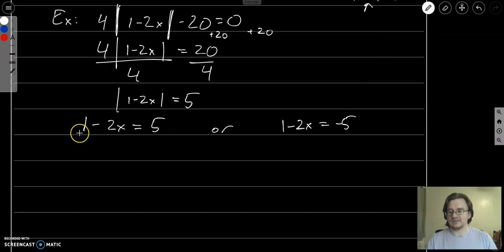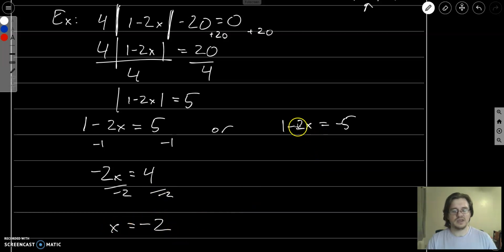Again, I have this plus 1 on this side, so I'll subtract 1 from both sides to get negative 2x is equal to 5 minus 1, which is 4. And I'll divide both sides by negative 2 to get x is equal to negative 2. On the other side, if I subtract 1 from both sides, I'll have negative 2x is equal to negative 5 minus 1, which is negative 6.